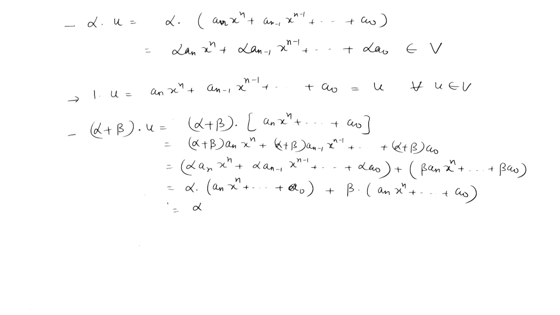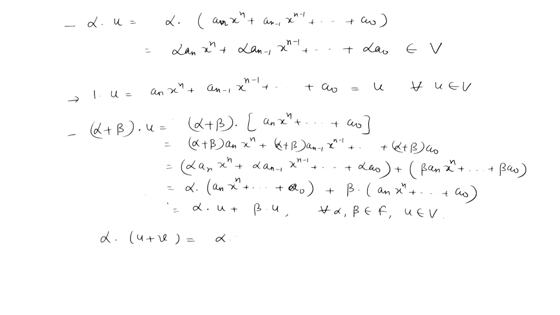So, it is alpha dot u plus beta dot u for all alpha, beta belongs to field and u belongs to V. And similarly we can show the last property, that this is equal to alpha dot u plus alpha dot v for all alpha belongs to field and u, v belongs to V.